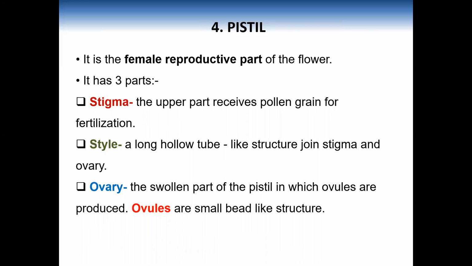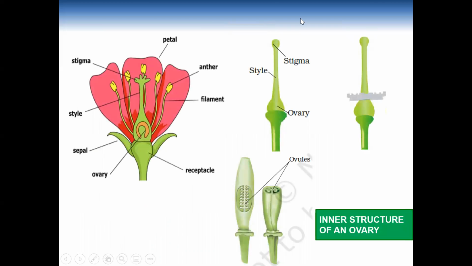Second is style. It is a long hollow tube-like structure, joins stigma and ovary. And the third part is ovary, which is a swollen part of the pistil in which ovules are produced. These ovules are small bead-like structures. So this is pistil. This part is known as stigma, which receives pollen grains from stamen.